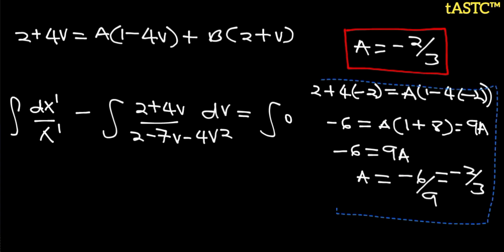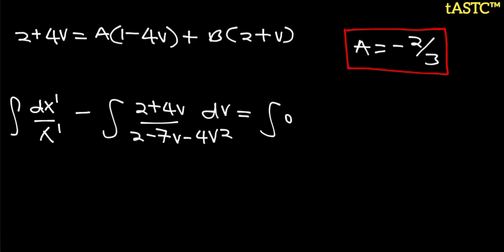Now let us try to make the a get eliminated. How can we make a become a 0? That will pretty much come as a result of v becoming 1 over 4. So let us try to do it. If v is equal to 1 over 4, we're going to have this. This will be a 2 plus 4 of a fourth.